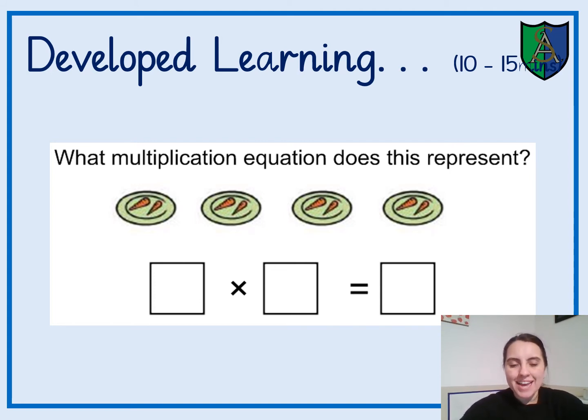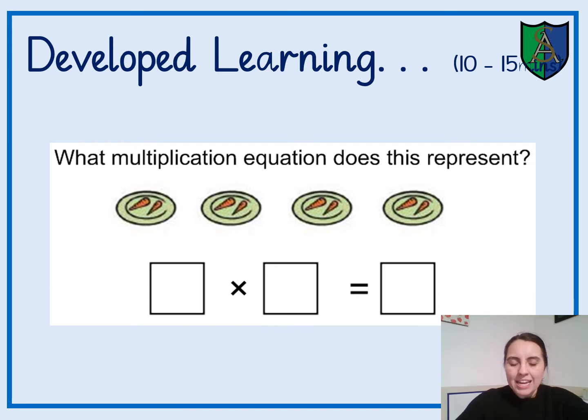What we're going to do now is look at some pictures and decide what the multiplication equation would look like. Here we have plates of carrots. There are 1, 2, 3, 4 plates of carrots with 2 on each.